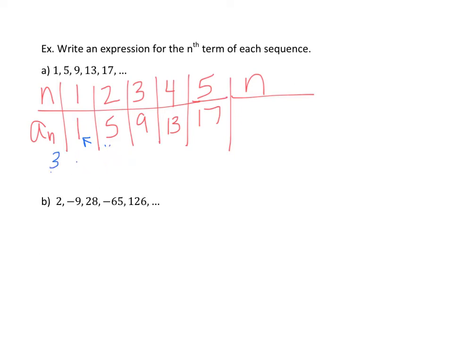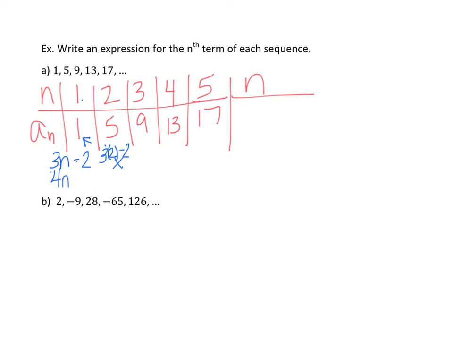All right, let's see. 3n gives me 3. I'm going to need to subtract 2 to get to 1. Okay, so 3 times 2 minus 2. Does that work? 6 minus 2, no.